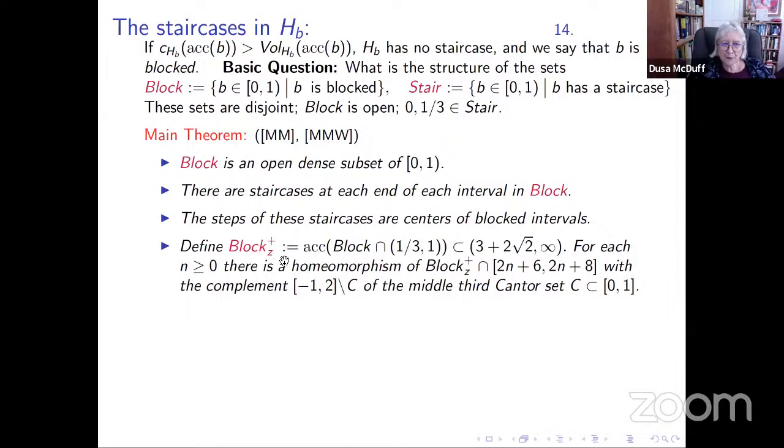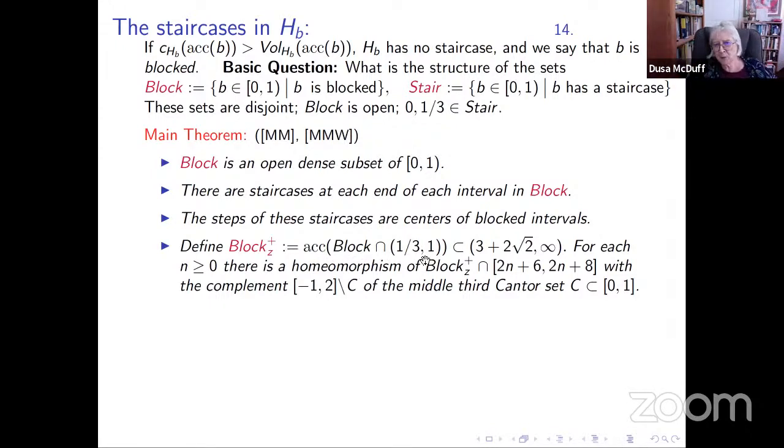And the organization into staircases is very interesting. So instead of looking at the blocked b values, which are the b values which can't have staircases, let's look at the corresponding accumulation points. These are z values. So these are the z values which are blocked for b's bigger than a third, because b less than a third and b bigger than a third are separate regimes.